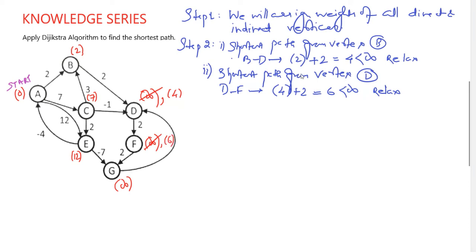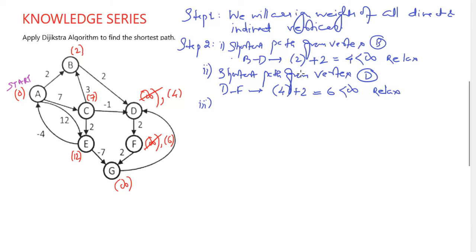Now we go to the next. By viewing the figure, we see that A, B and D are over. So among C, E, G, F, we find F is the shortest.